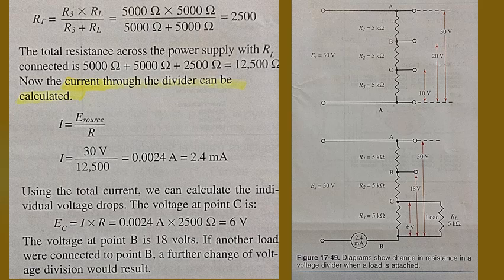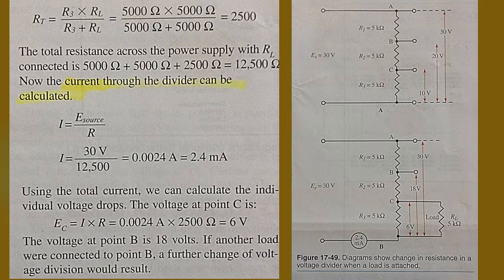Now the current through the divider can be calculated, as seen in the middle of the screen, left side, as I equals E source divided by R, and I equals in this case 30 volts divided by 12,500 ohms, or 0.0024 amps, or 2.4 milliamps. Using the total current, we can calculate the individual voltage drops.